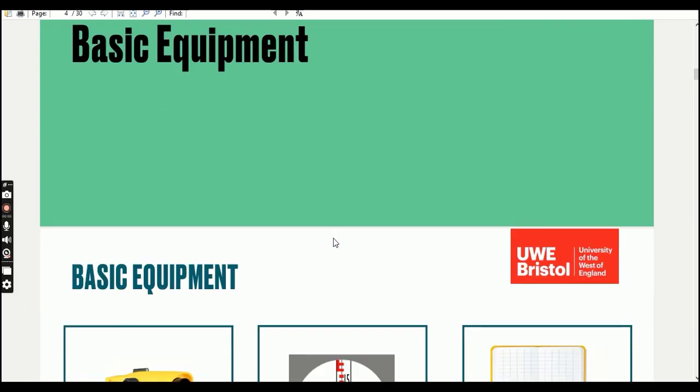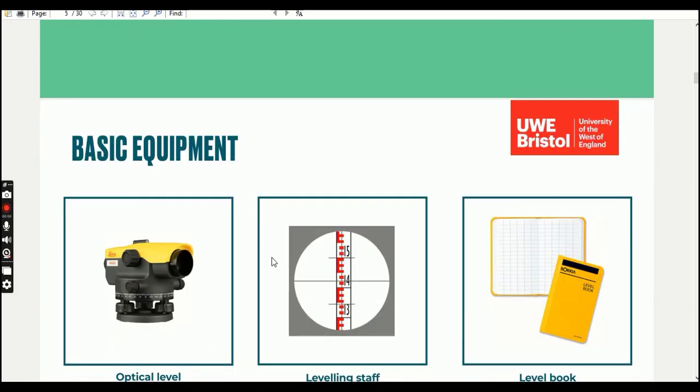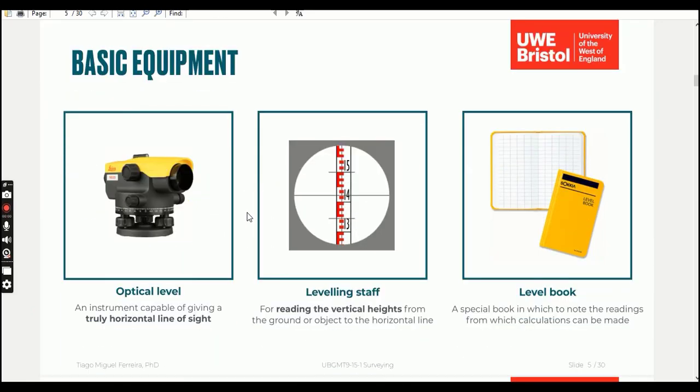So what are the basic equipment we use in leveling? The first one is the optic level. You can call it an auto level. Normally we use auto levels nowadays, and laser levels are also used. It is an instrument capable of giving a truly horizontal line of sight because it has a bubble tube.